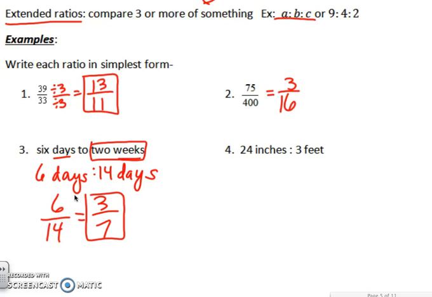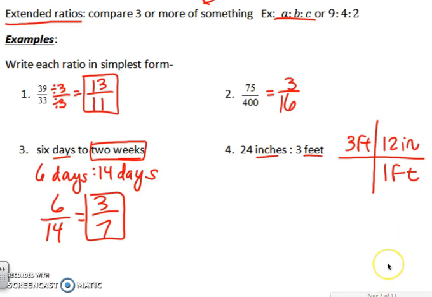Same thing on 4. Inches and feet are not the same units, and we typically convert to the first unit they gave us. So basically, I need to convert 3 feet back to inches. We use little railroad tracks. I know 1 foot has 12 inches. The reason foot is on the bottom is because feet divided by feet will cancel out, leaving my answer in inches.